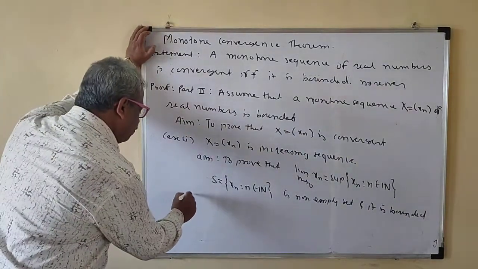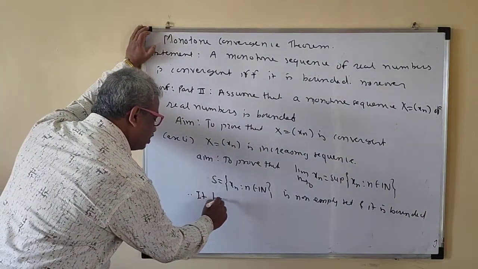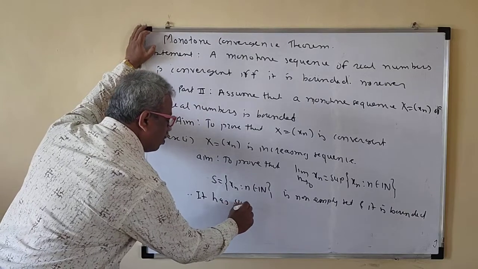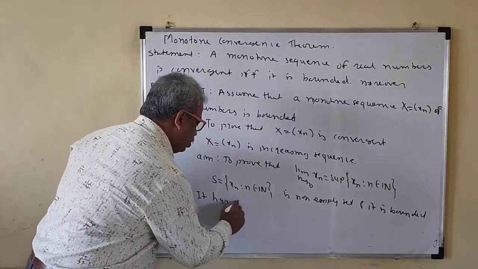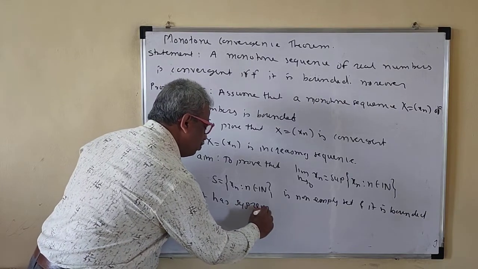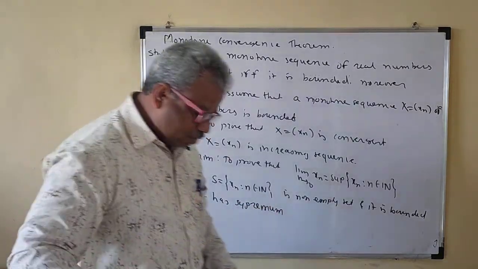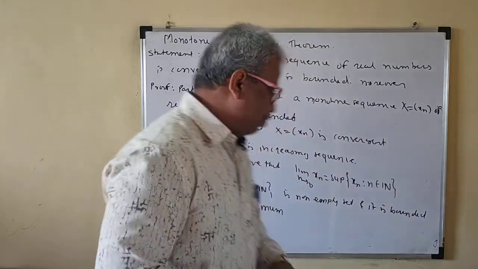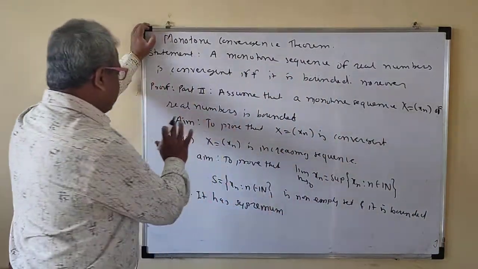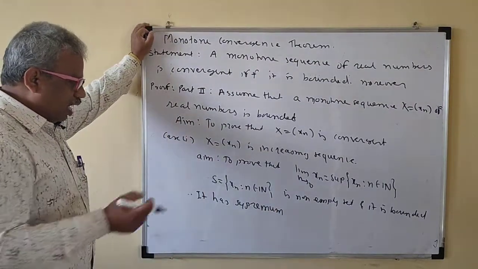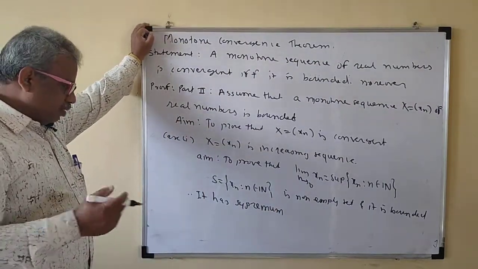Therefore it has a supremum. It has both supremum and infimum. In case 1 we will take only the supremum, and in case 2, for decreasing, we will take the infimum.